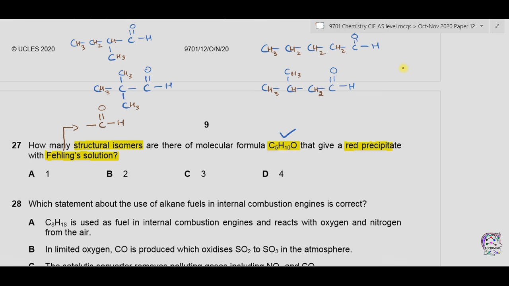The molecular formula of all these 4 compounds is C5H10O.